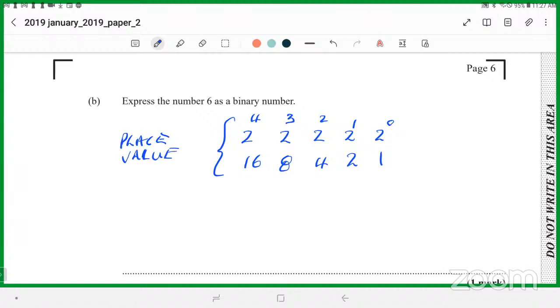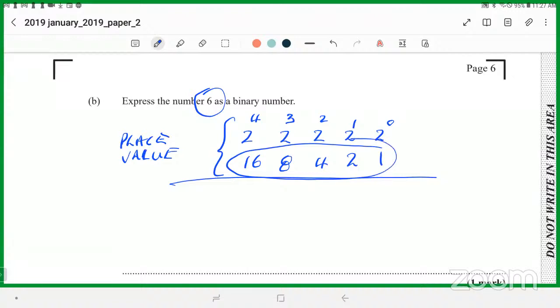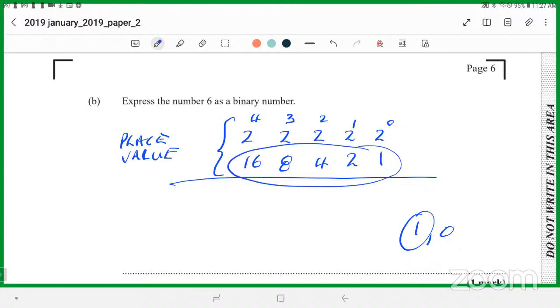And how the binary system works is that for this number 6, you want to use a combination of these, one time or no time, to get it, because the binary system only accepts values 1 and 0. So the 1 is when you're using a place value, the 0 is when you're not. All right?